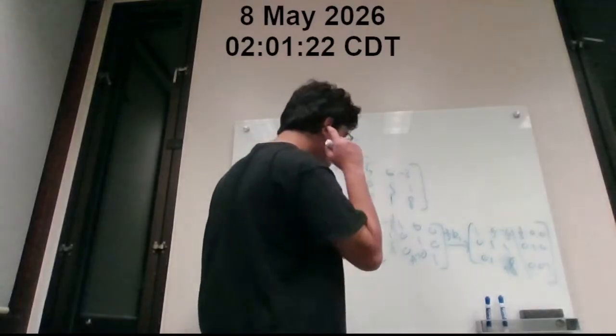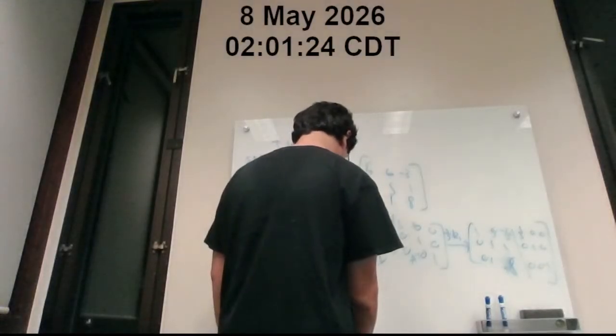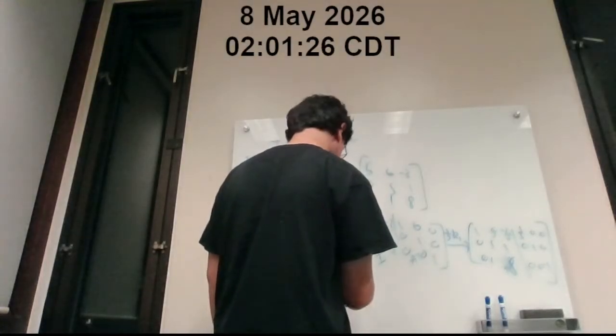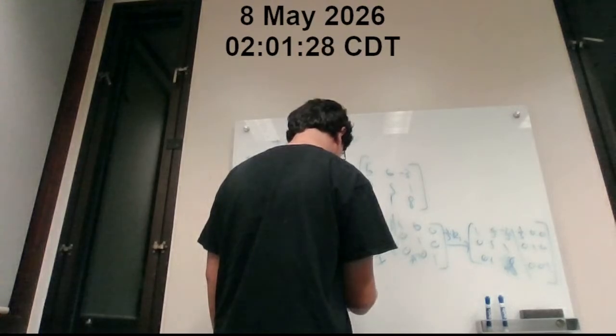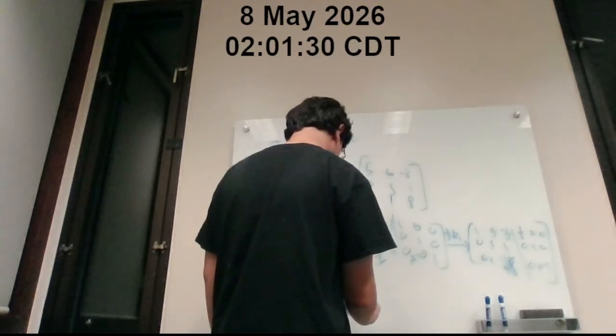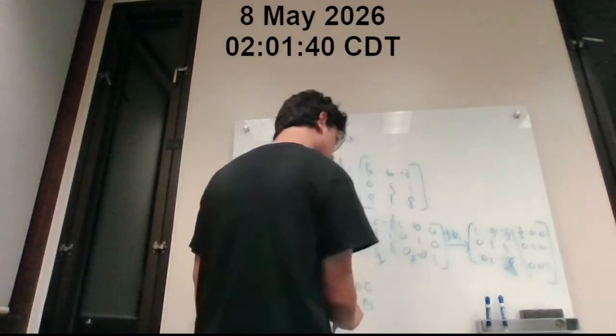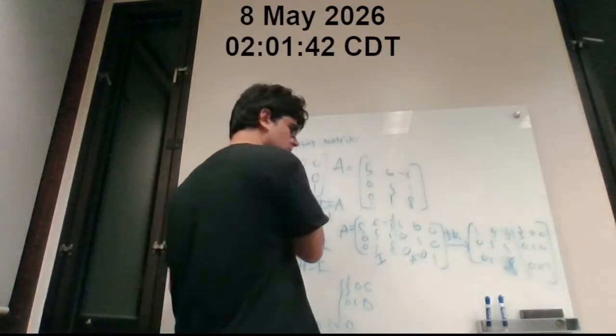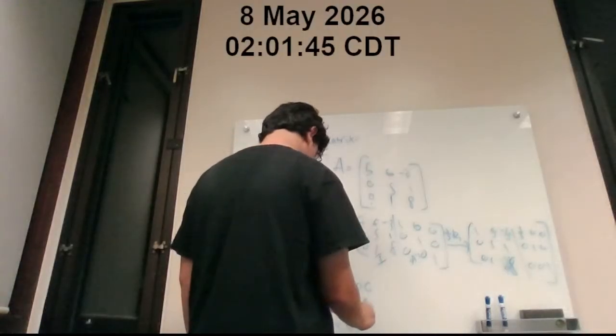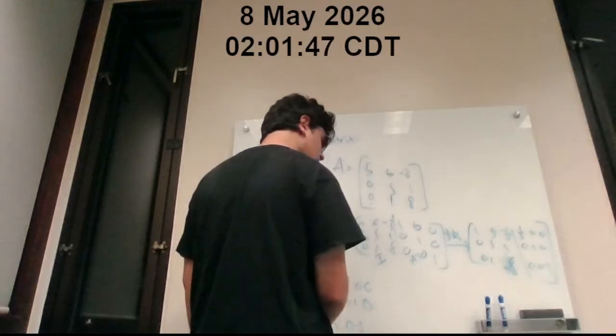Not the best thing in the world, but it's not 1/5, 0, 0, 0, 1, 0, 0. Yeah, okay, just back to my. So that becomes negative 1/5, negative 1/5.